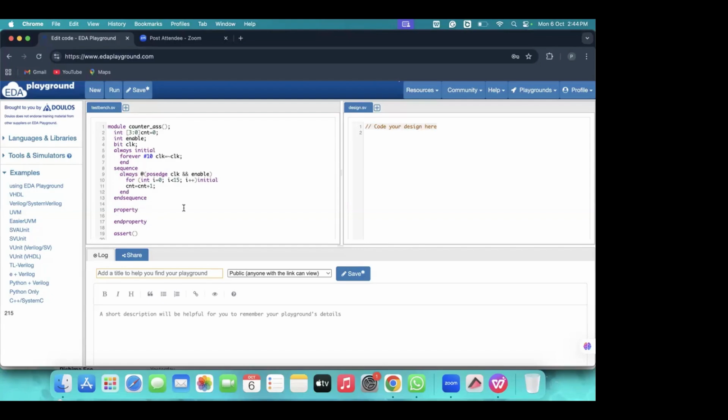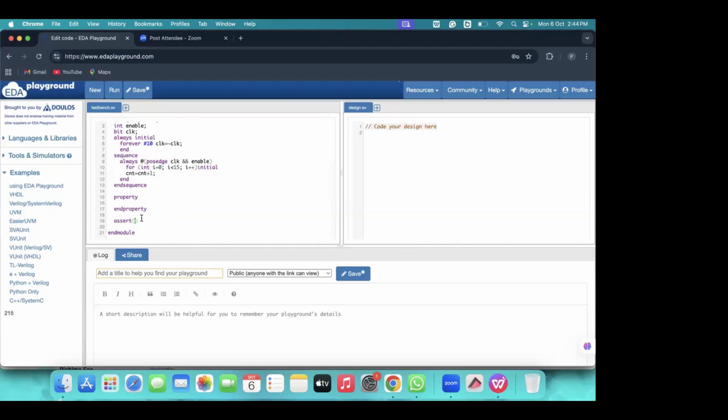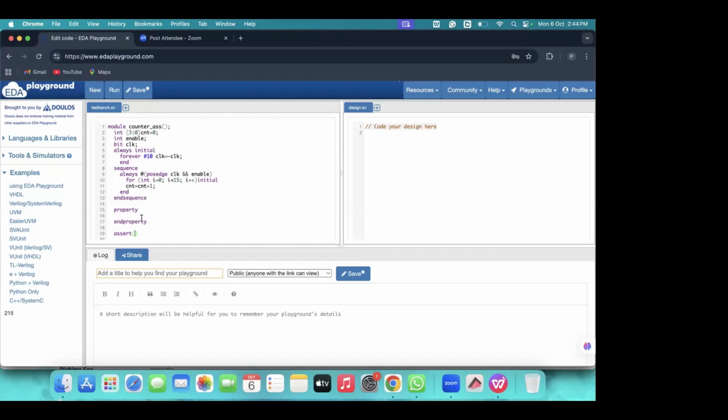You have not used assert. Yes, ma'am, we will assert the property. Right now I've not used it. Using assert property, you can easily do this.